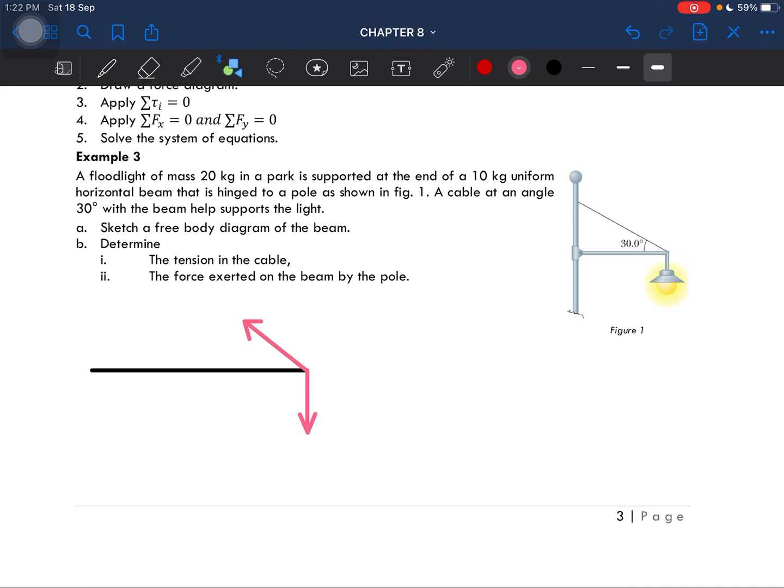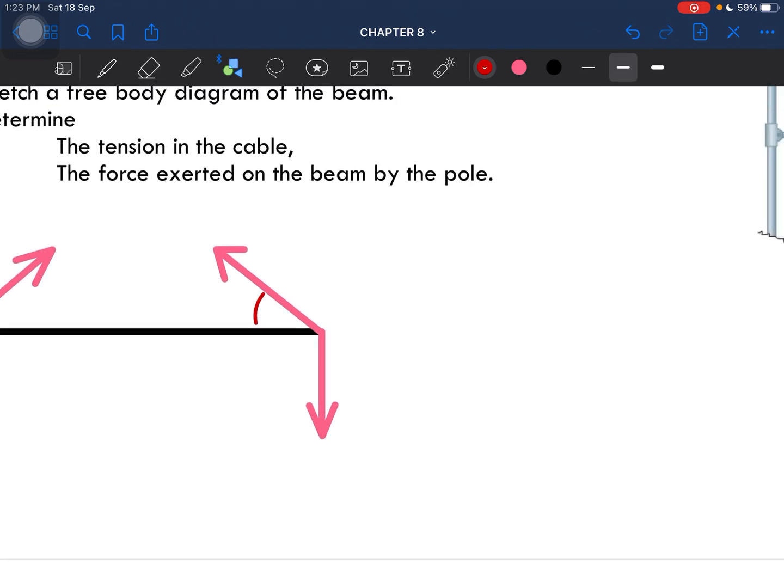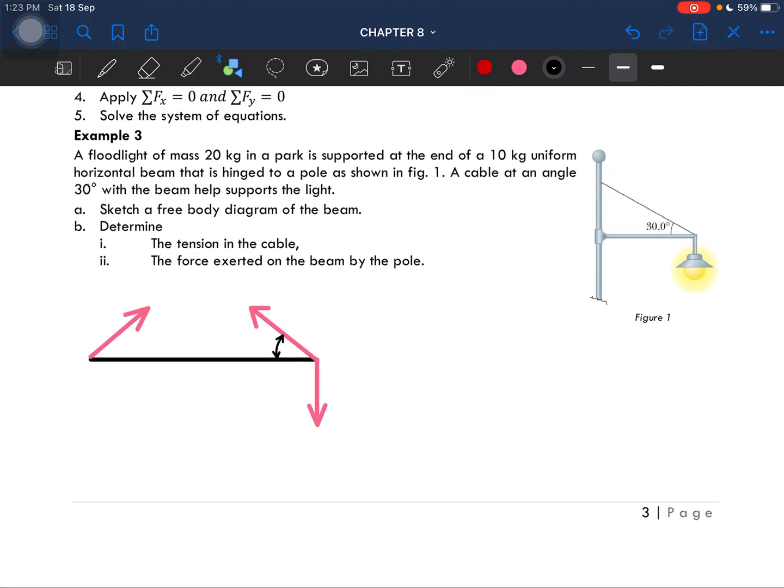And then we are going to have a force here, and I'm not sure if it's called shear force. I don't actually remember exactly the name. I'll get back to you. I'll tell you when I find the right explanation. But usually we label it as S.